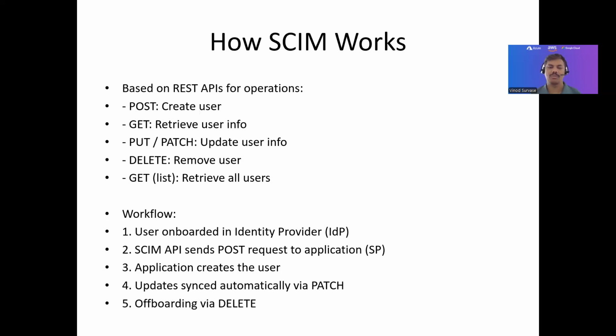So this is a pretty straightforward workflow, and the same workflow applies to each identity provider and service provider. There is a combination and communication between both of those, and it happens behind the scenes with the SCIM API protocols, with, of course, all of these REST methods.